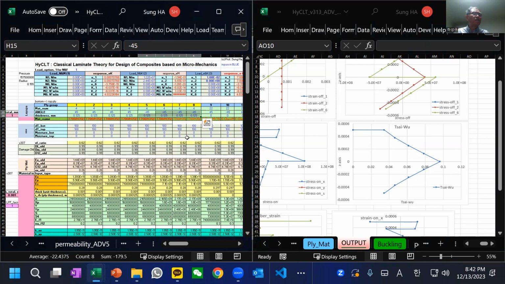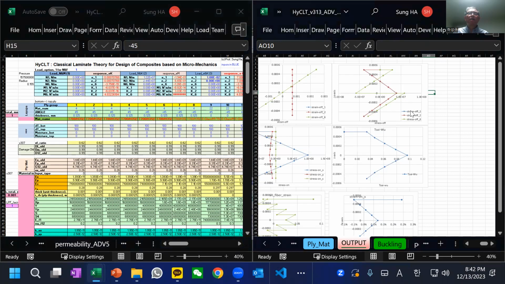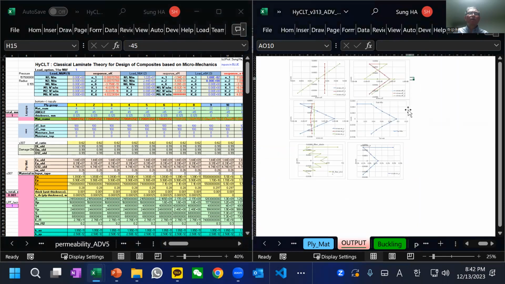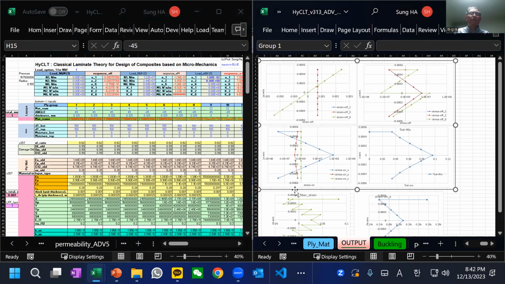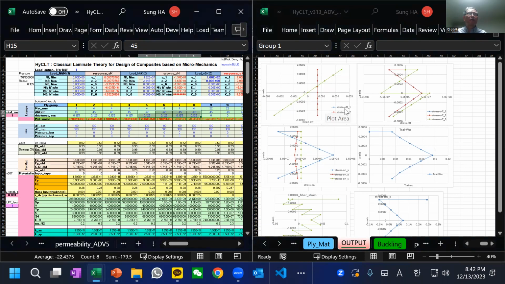So this is an unsymmetric case, and then you can see what kind of strain and curvature you will have, and also shear strain as well. We cannot predict them physically or numerically. Derivation or prediction is only possible through this kind of tool. Okay.